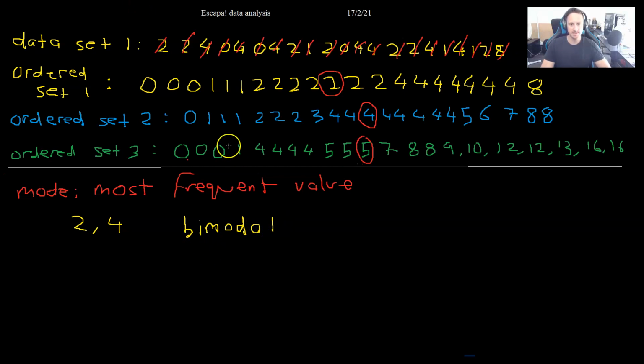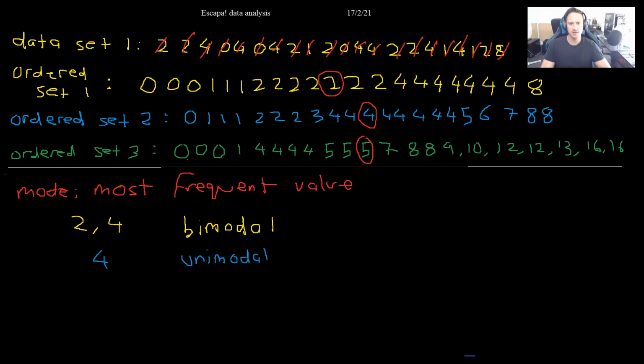Let's look at the second data set. So the most frequent number, that appears to be 4 because there's more 4s than any other number. So data set 2 has a mode of 4, and that is called a unimodal data set. So uni meaning 1, like a unicycle has 1 wheel. So that data set only has 1 mode, and that is 4.